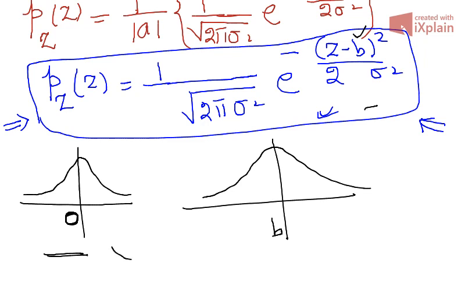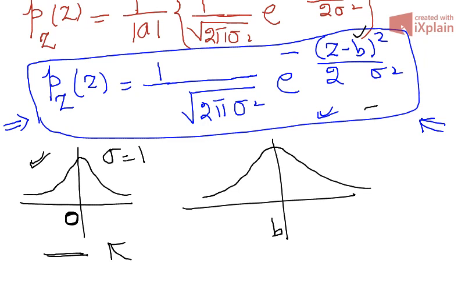Now this is standard normal. If the sigma is unity and mean is 0, then you have this PDF, which is the same as the PDF of thermal noise, which is modeled as additive white Gaussian noise.